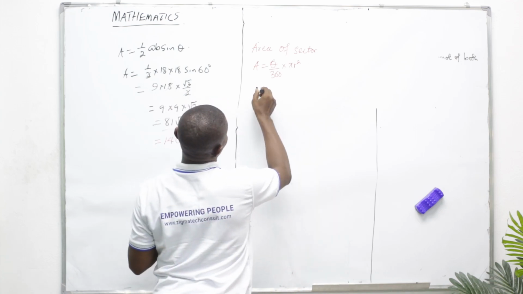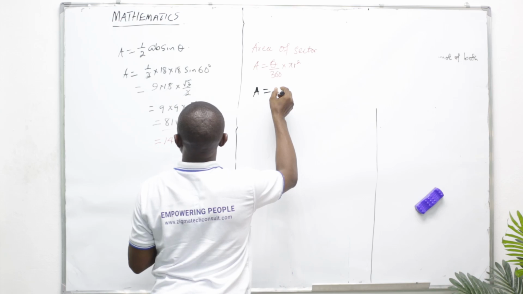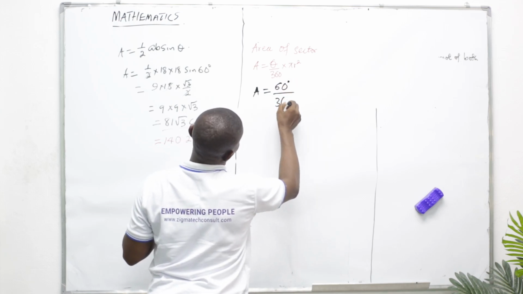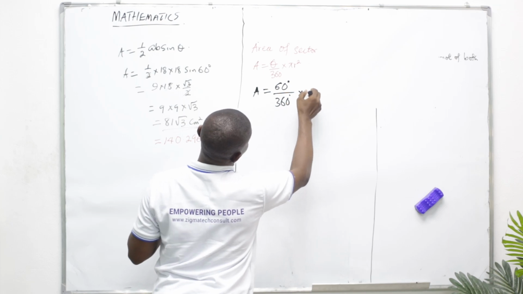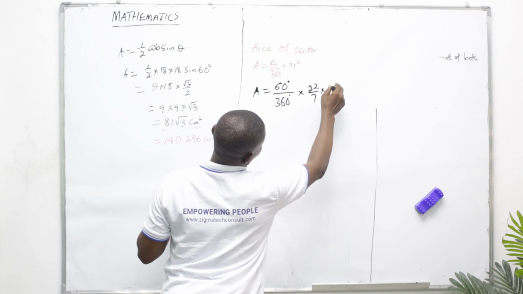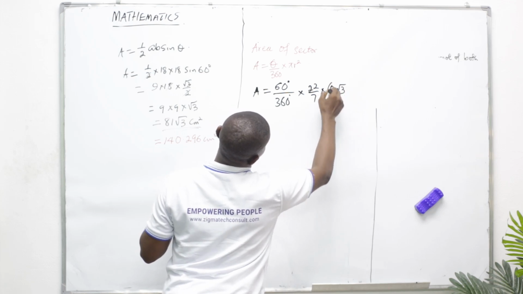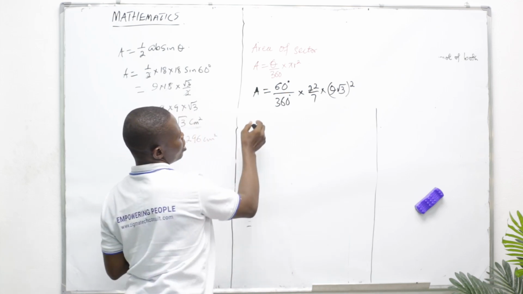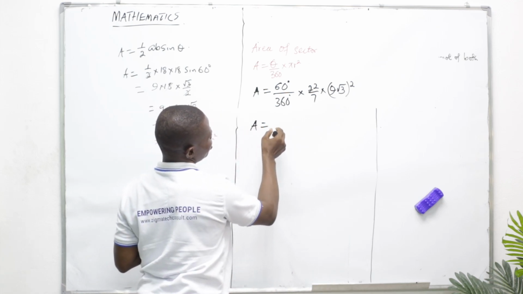What's our theta? 60 degrees, divided by 360. Multiply by pi, which is 22 over 7, times r, which is 9 root 3, all squared.